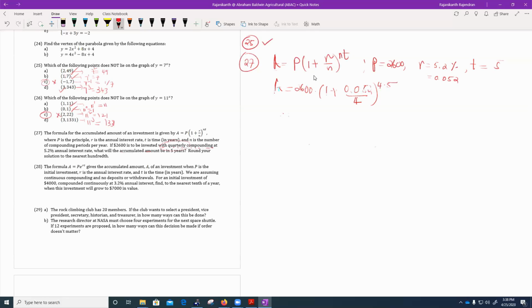Simply take your calculator and find this value. You should get 3366.37. Okay, so this is the accumulated amount you will get after 5 years.